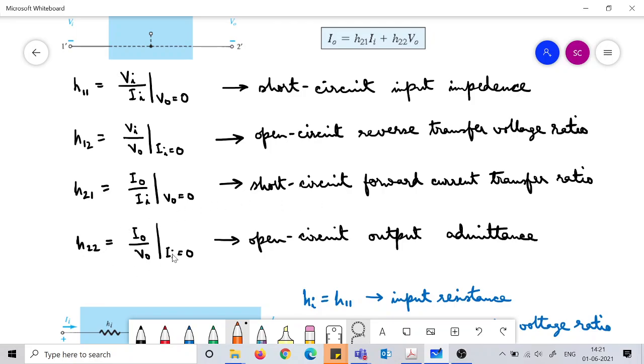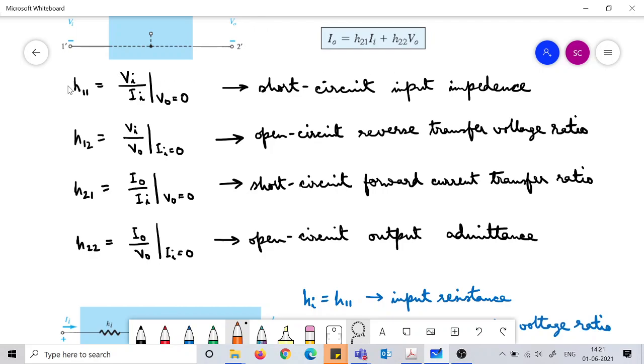H22 would be Ii equals 0, again open circuit, and this is I0 by V0. So it is a conductance or admittance in general, impedance admittance. So this is output admittance. I0 by V0 is output admittance in the event when the input is open circuit. So it is open circuit output admittance.